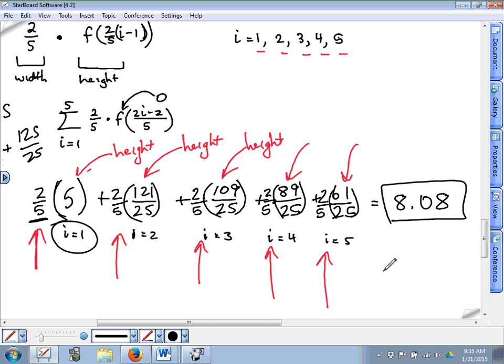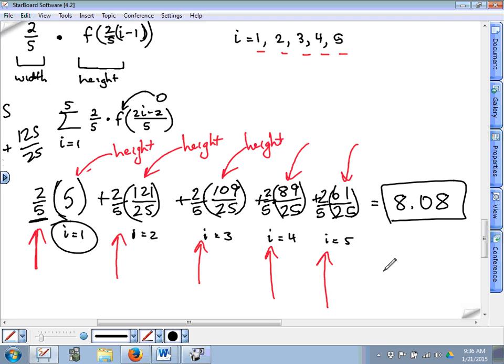Okay? If we wanted a better approximation, would an inscribed area be a better approximation? What would be a better approximation? More rectangles. Okay? The more rectangles we could add to this.